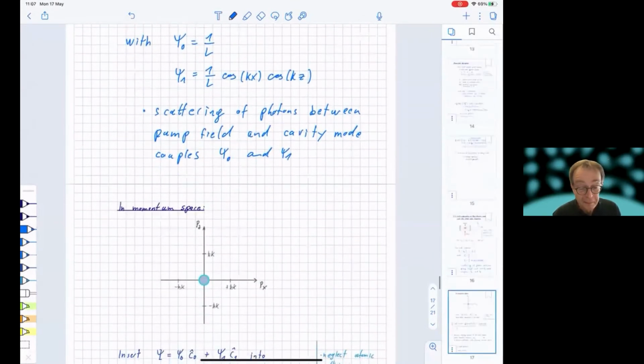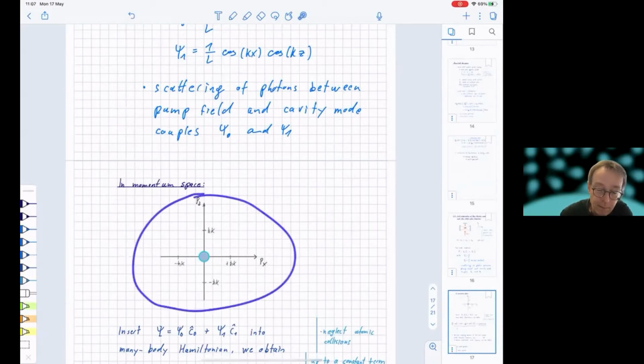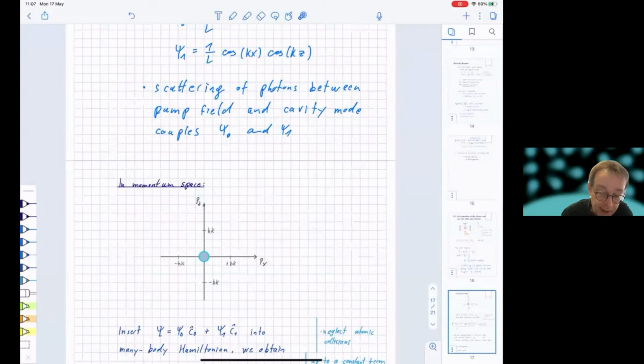Okay, and now we can all briefly think which momentum states we actually couple. I've drawn almost everything here in momentum space, the momentum space diagram. This is supposed to be the momentum zero state of the Bose-Einstein condensate.